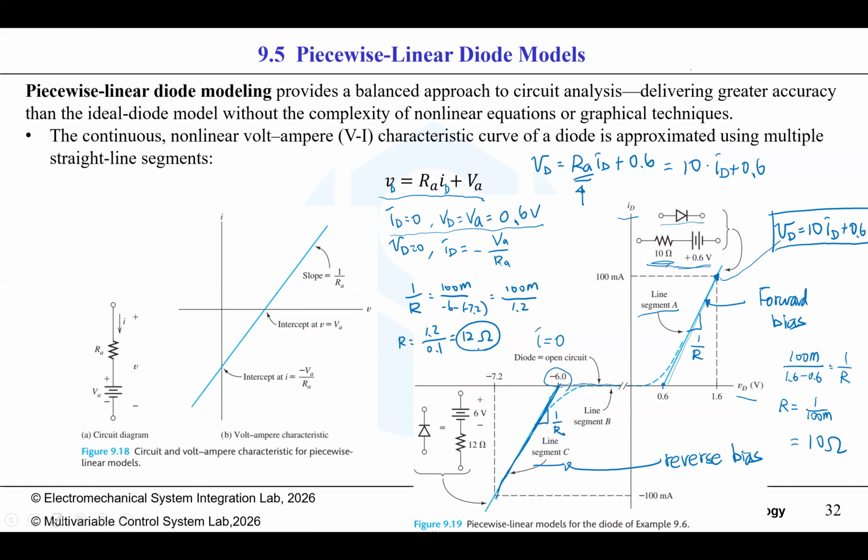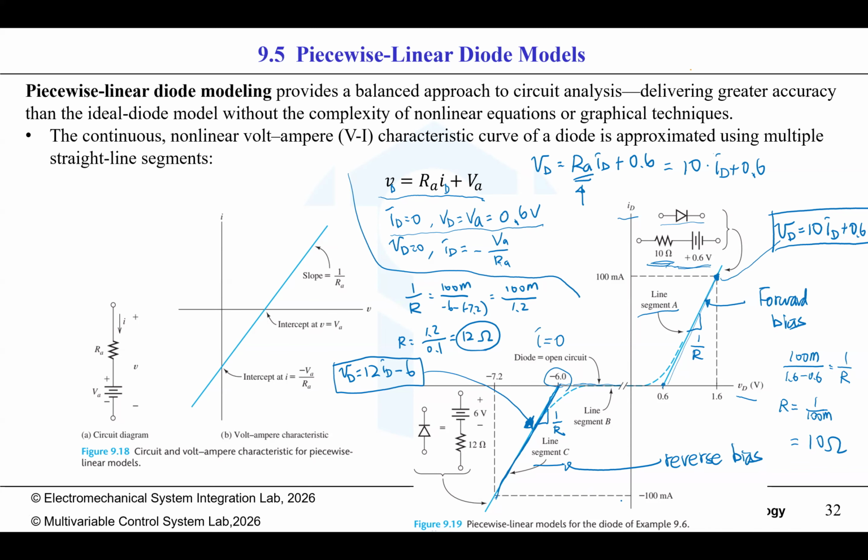So the equation should be VD equals 12 ID minus 6. And yes, we find the curve for this reverse bias.